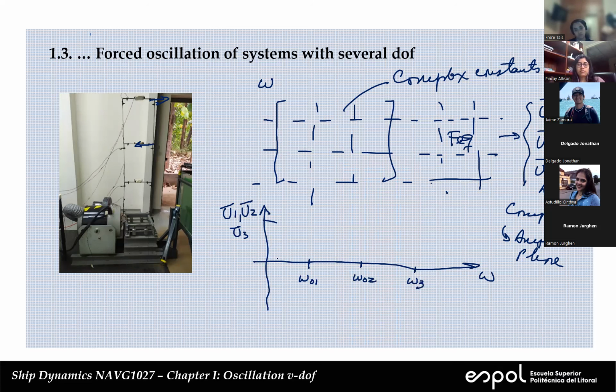So you're going to have an increment here, an increment here, and an increment here. According to the mode shape, each one of them will vary differently, so it's going to be quite interesting. So you're going to have 3 plots, one for each of these degrees of freedom. So you have several values here.